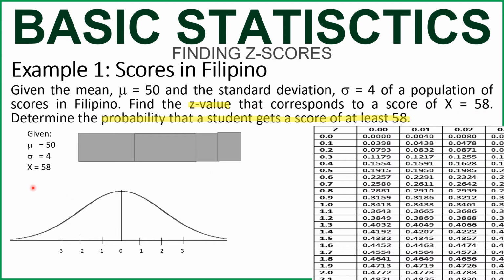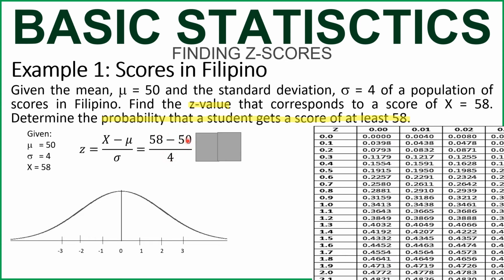score of 58. So we are going to use the formula for population data, which is z is equal to x minus mu all over sigma. And with the use of substitution, we will get 58 minus 50 all over 4.